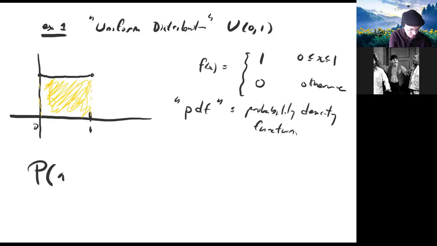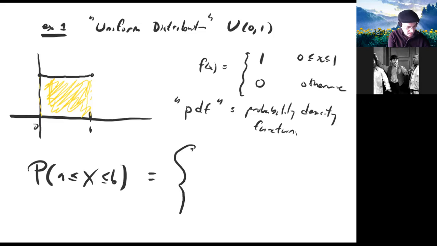Okay, so what is the probability of a random variable X with uniform distribution lying between A and B? Well, it depends where A and B are. So if A is less than B, strictly less than B, and less than or equal to 1, it's going to be given by the area.